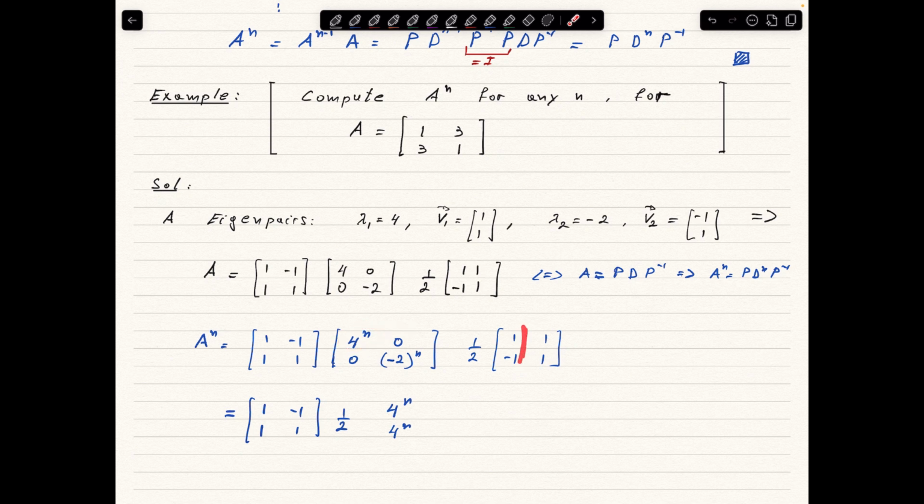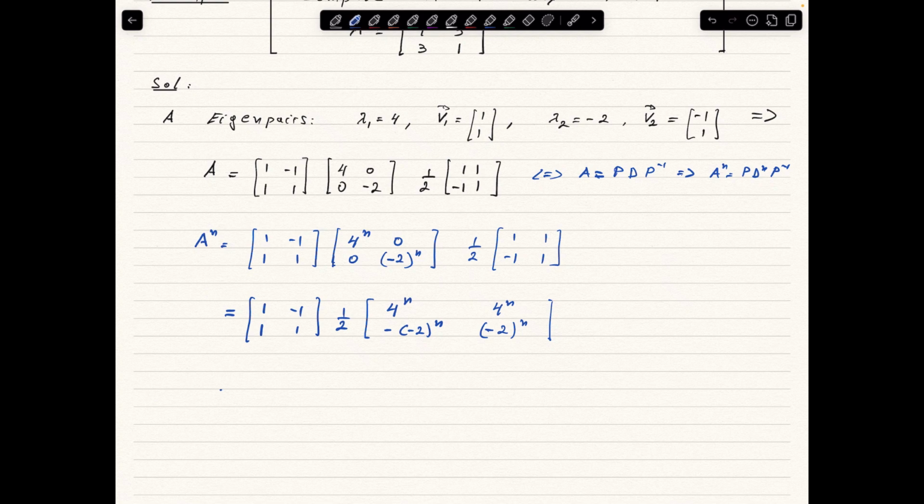This column times this row is going to give me something else, negative 2 to the power n. And if we do that times that, we are going to get 4 to the power n. And if we do that column, that row, we are going to get negative 2 to the power n. Okay, now it's better.